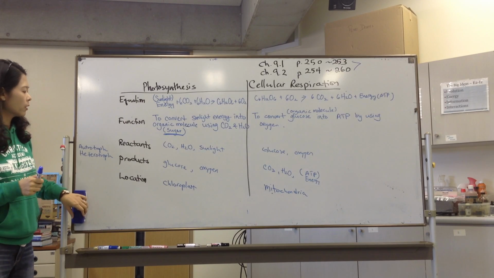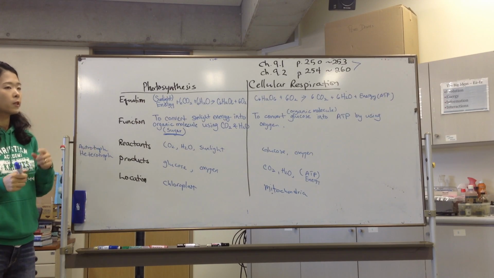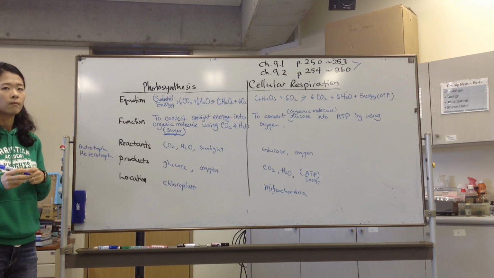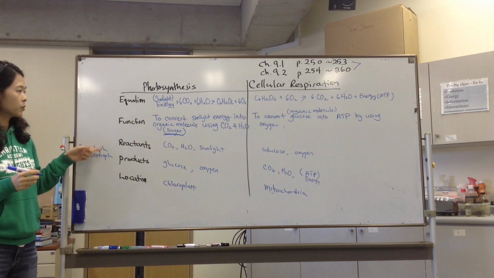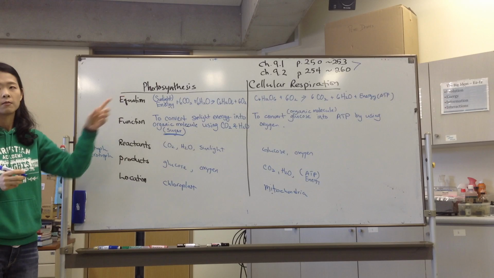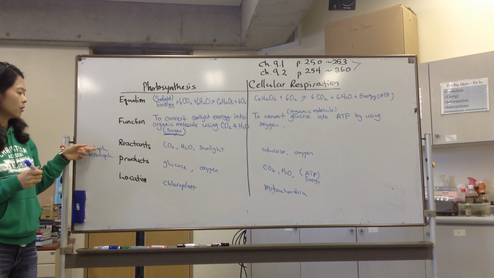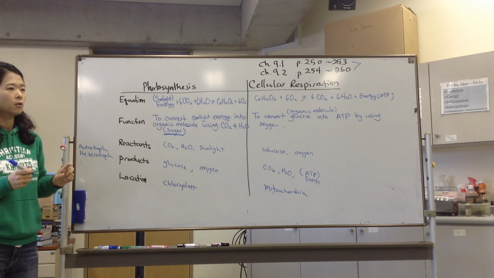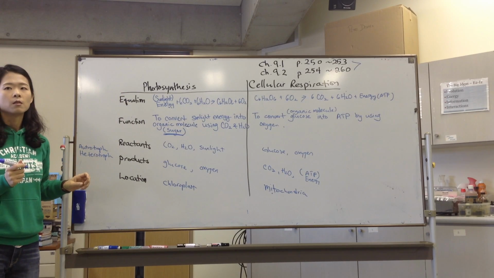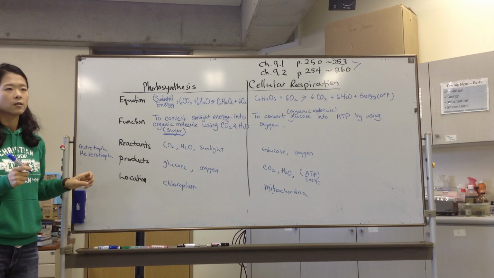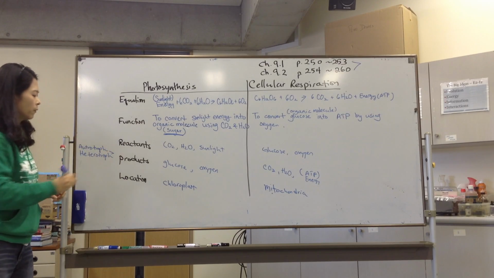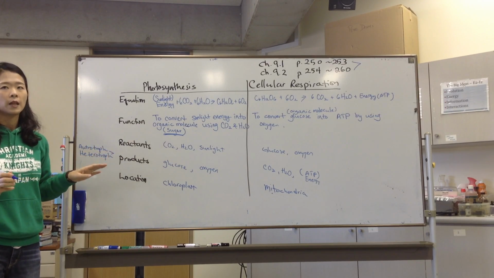So then, do autotrophs perform cellular respiration? Yes. What do the rest of you think? Do autotrophs perform cellular respiration? Yes. Whether it's autotroph or heterotroph, they need to make ATP.